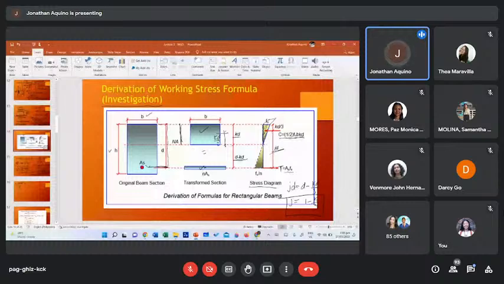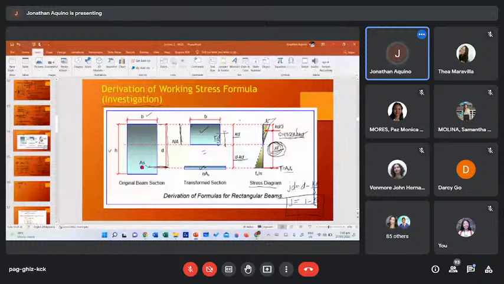Then, considering the capacity of steel, the sectional capacity is T times jd. So yung common lever arm nila is jd. So either you take moment about the centroid of the concrete or centroid of steel. So jd is already determined. Okay?